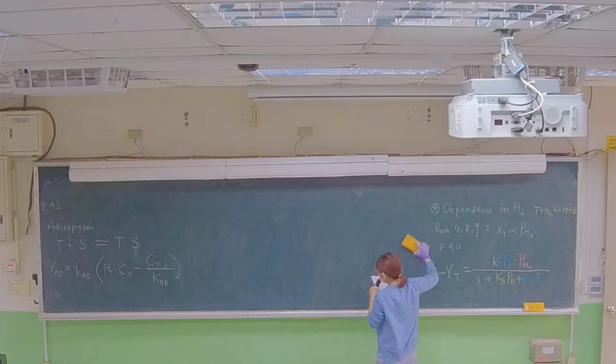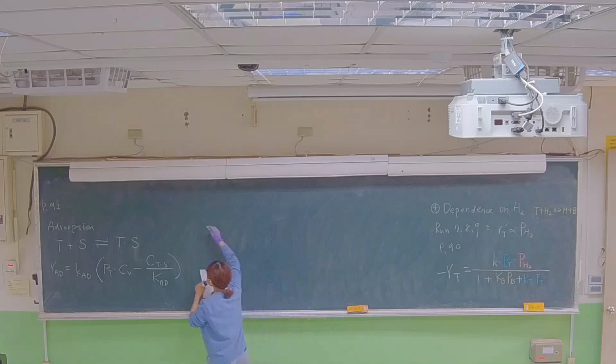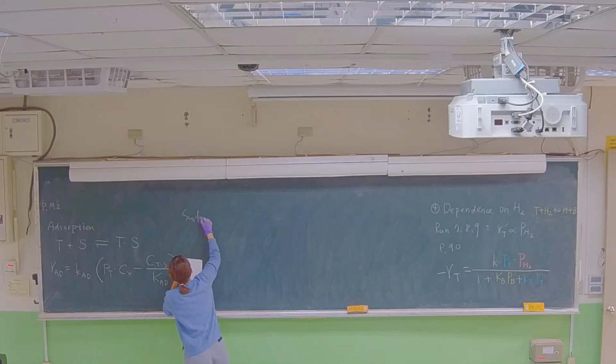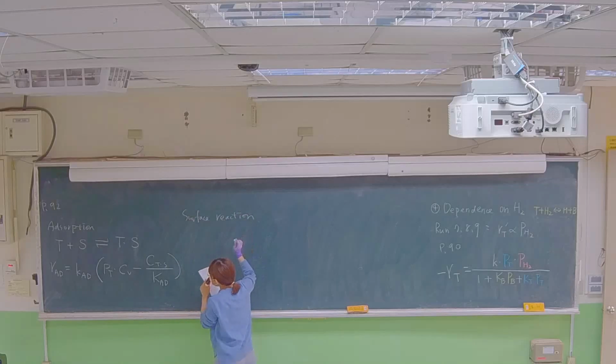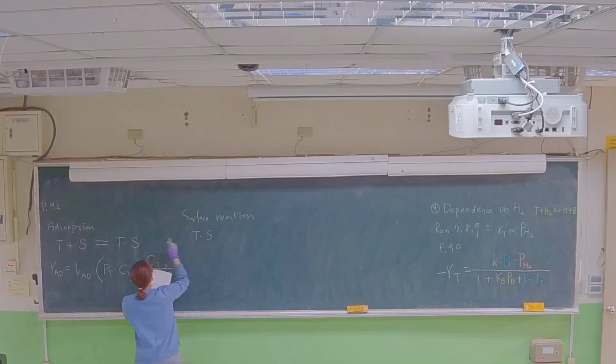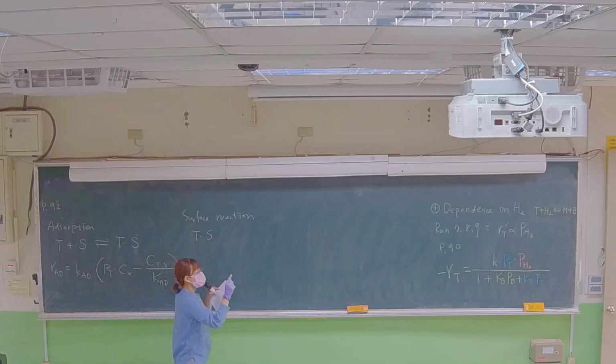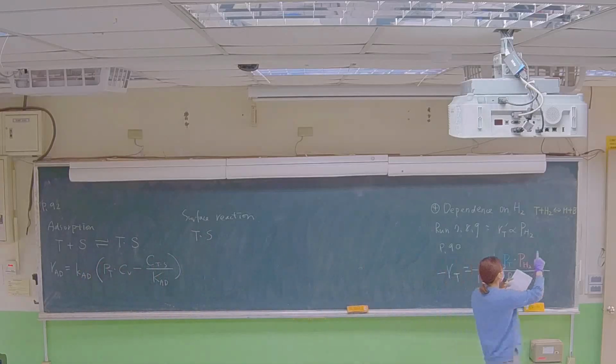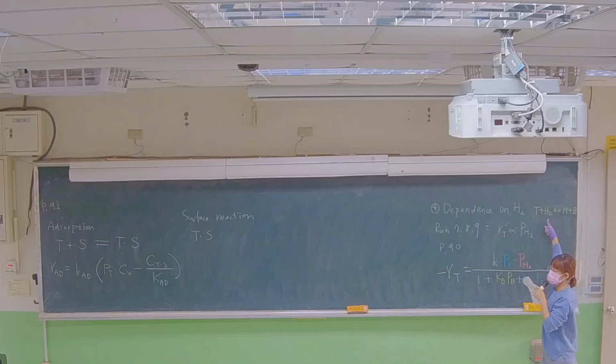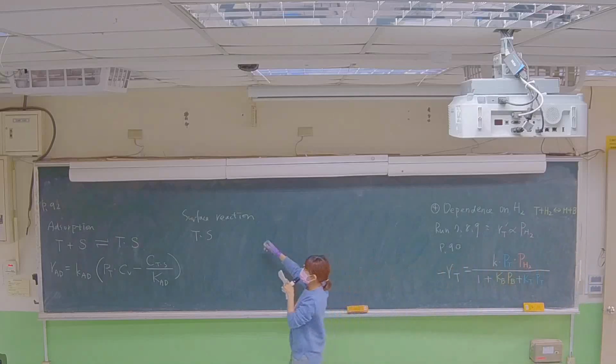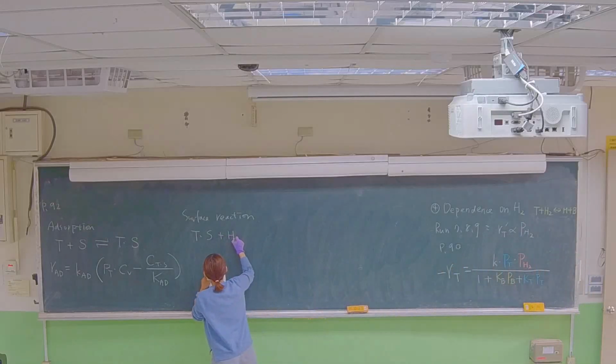Secondly, you should show me the surface reaction part. Okay, so for surface reaction, now we have T on the active site, but we only have another reactant, H2, right? So for the surface reaction, we have H or H2, depending on you.